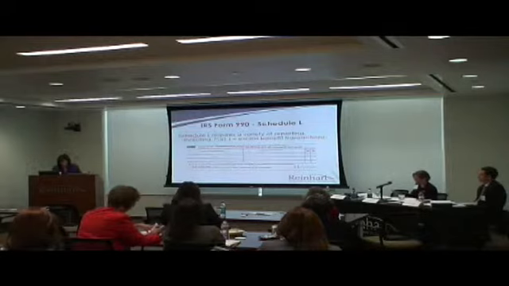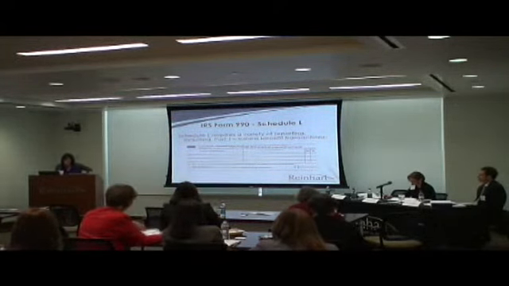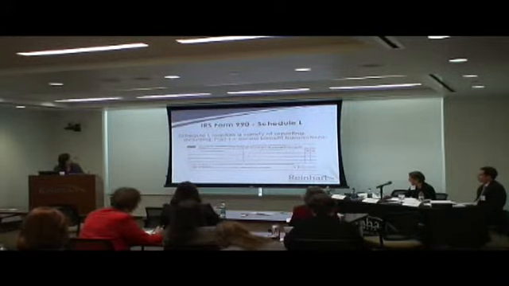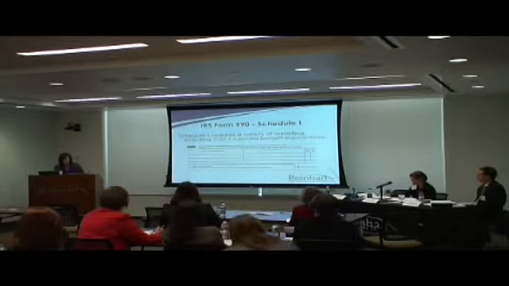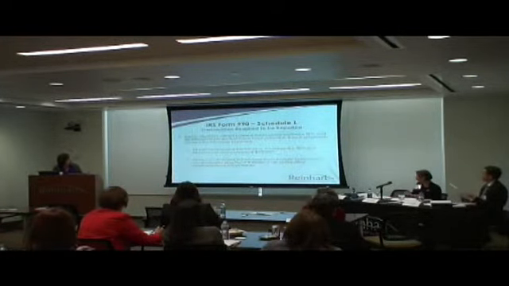So this is a quick walkthrough of Schedule L of IRS Form 990. This first part relates to excess benefit transactions, as Lucian described in the first part of his presentation.